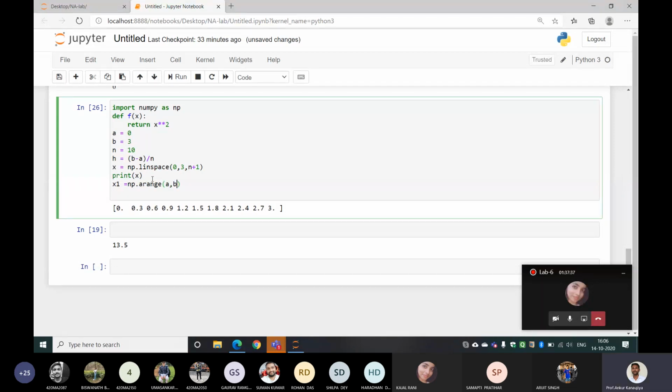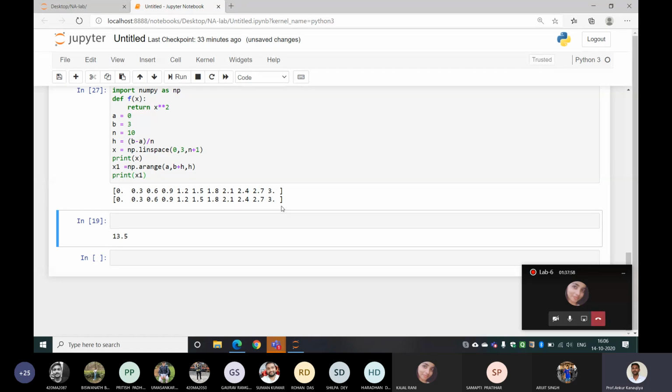It will go up to the upper limit b with the increment h, and it is b plus h, otherwise it will not reach b. And now if I print x1, both will give the same answer.